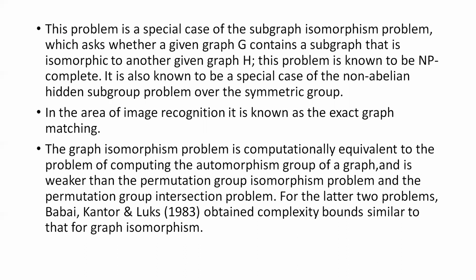In the area of image recognition, it is known as exact graph matching. The graph isomorphism problem is computationally equivalent to the problem of computing the automorphism group of a graph, and is weaker than the permutation group isomorphism problem and the permutation group intersection problem.